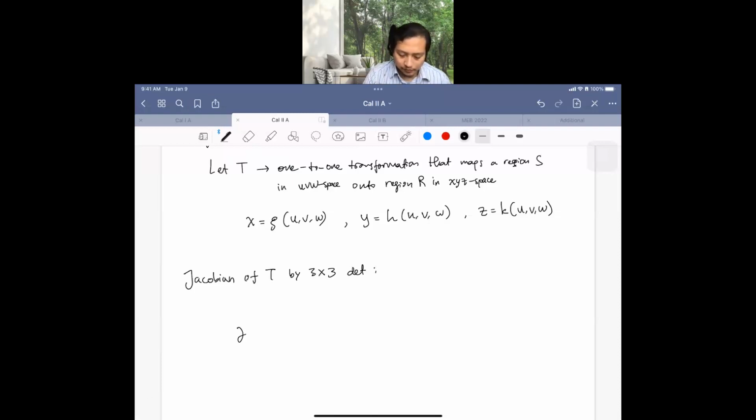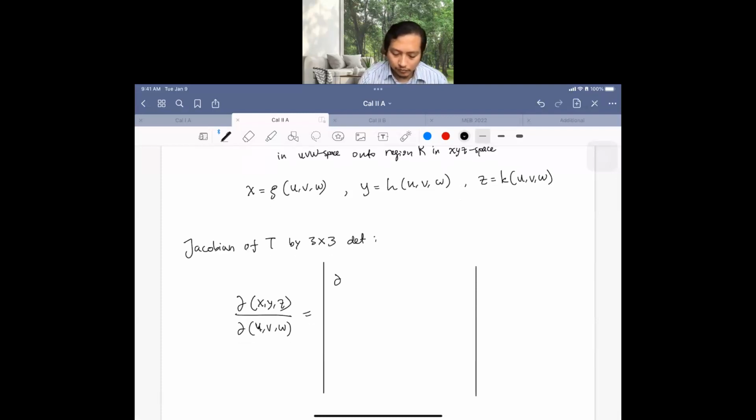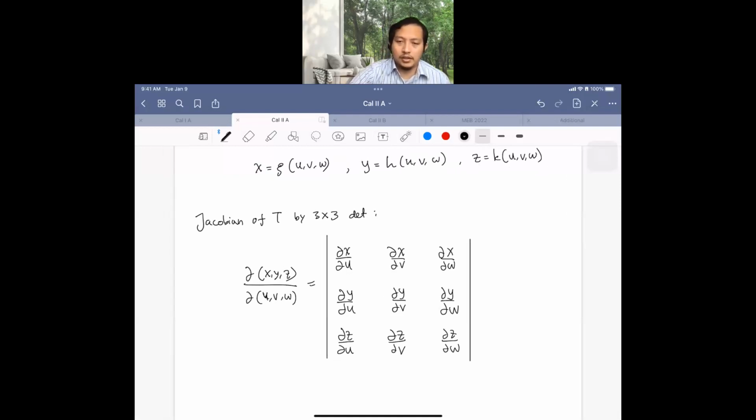So Jacobian of x, y, z with respect to u, v, w is equal to the determinant: ∂x/∂u, ∂x/∂v, ∂x/∂w, then ∂y/∂u, ∂y/∂v, ∂y/∂w, and then ∂z/∂u, ∂z/∂v, and ∂z/∂w. That's the Jacobian for the transformations, a 3 by 3 determinant.